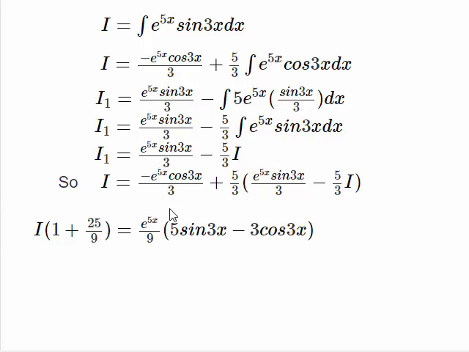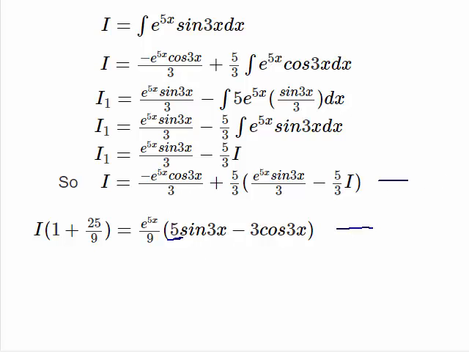So I get e to the 5x over 9, and I'll put the sine term first because it's positive and the cos term is negative. And there's a 5 here which comes to the 5 sine there, and because I've taken 9 outside, I need to put a 3 in with the cos. If you're not sure about this, expand the bracket and make sure that this line is the same as this line.